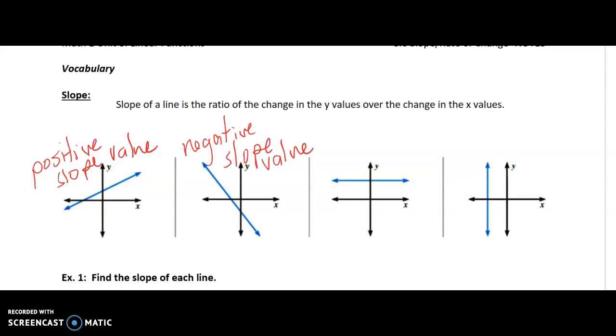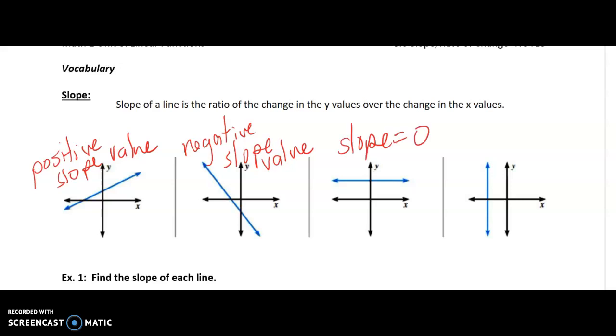Now with the next two graphs, we see that there is no slant, there is no change. For a graph where the line is going straight across horizontal, the slope value will always be exactly 0.